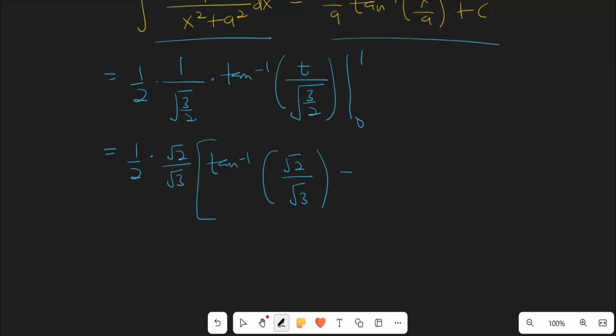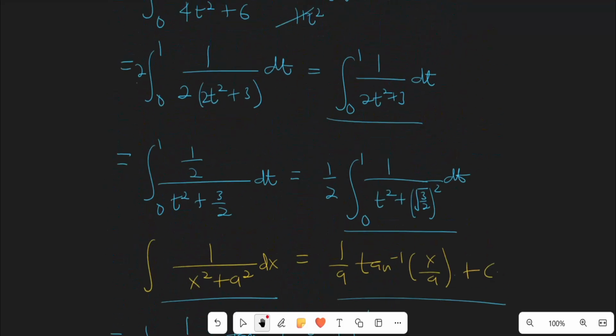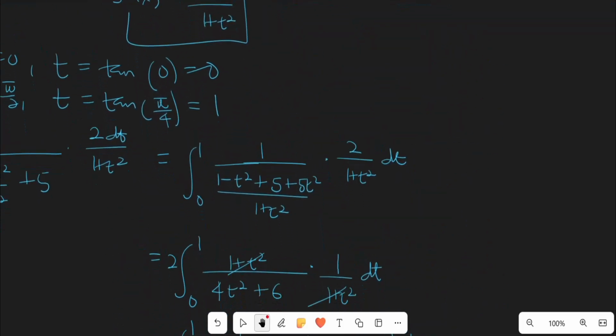Minus, plug in the lower limit. Tan inverse of 0 is 0, because 0 over this is 0. So in the end, our integral evaluates to 1/2 square root of 2 over square root of 3 tan inverse of the square root of 2 over 3. So that is the value of this integral.